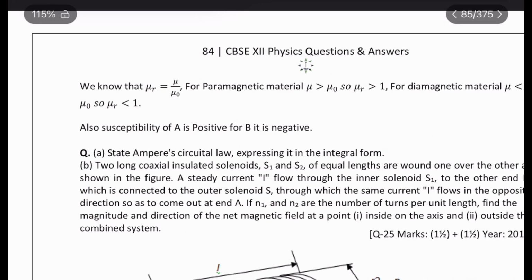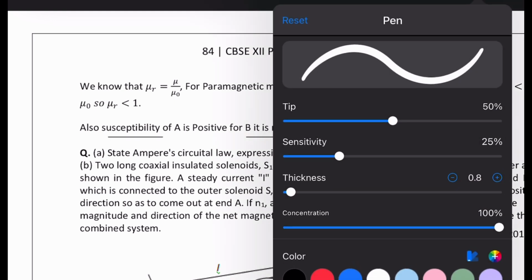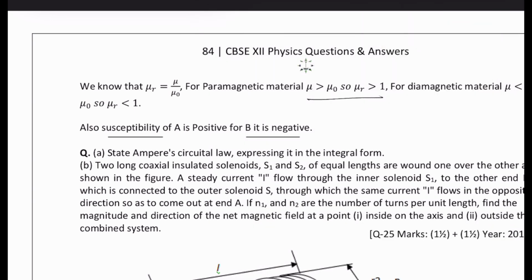Also, the susceptibility of A is positive and the susceptibility of B is negative. Now what is susceptibility? We'll explain, though here it is not asked. Suppose you have an external field in which a bar to be magnetized is kept.